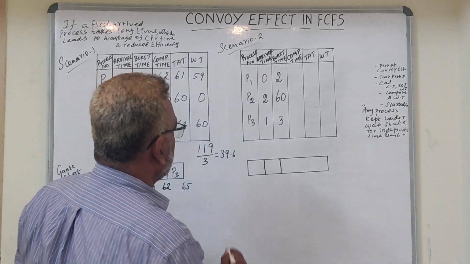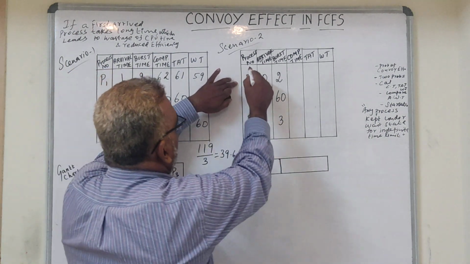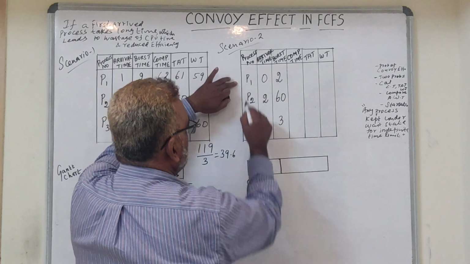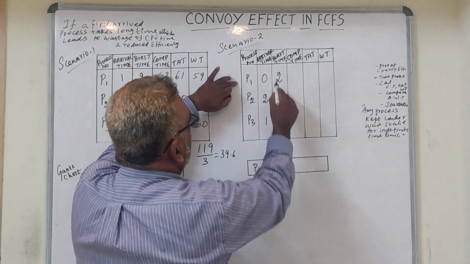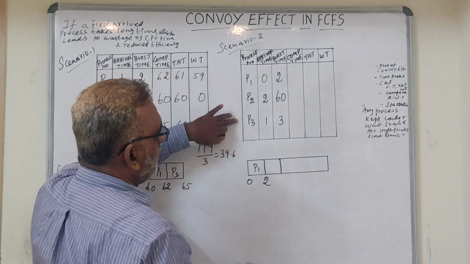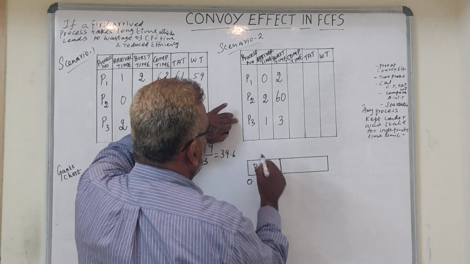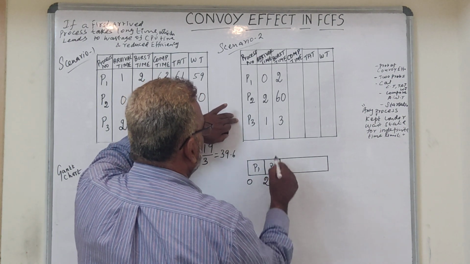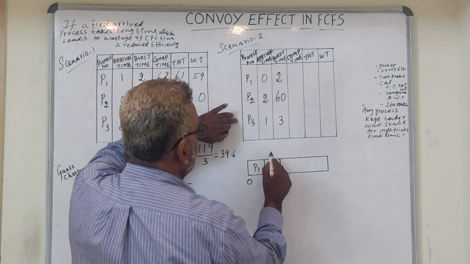Then the second scenario: process 1 enters first at time 0. Its burst time is 2 milliseconds, and process 3 enters second at time 1. Process 3's burst time is 3 milliseconds.